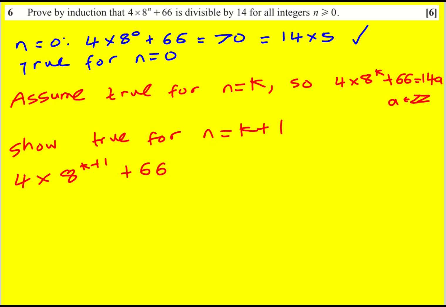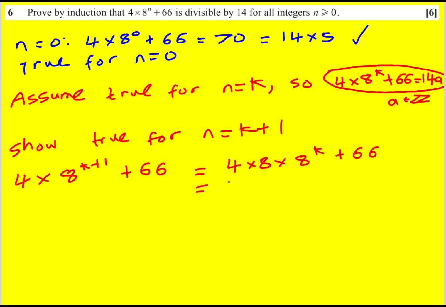Now I need to somehow use this to help me. This is going to equal 4 times 8 times 8 to the k plus 66. I'm doing that because I want the 8 to the k. I want to try and somehow get 4 times 8 to the k plus 66. At the moment, I have 32 times 8 to the k plus 66.